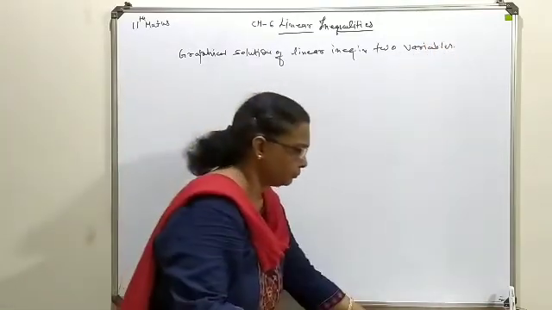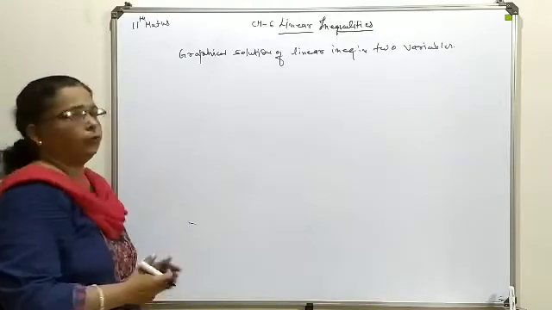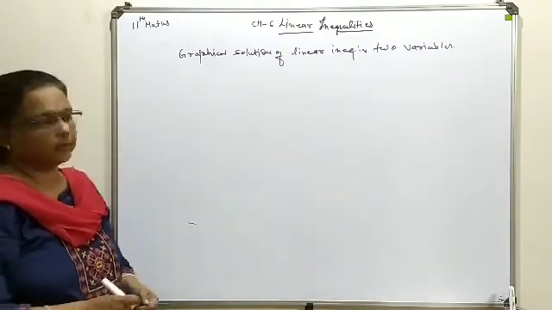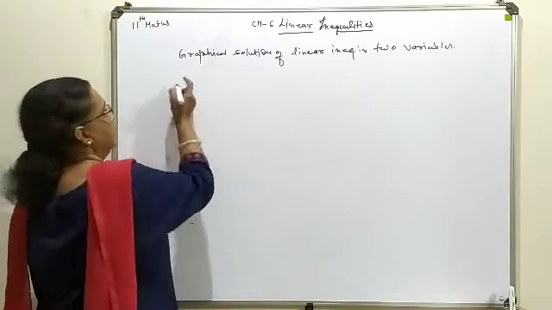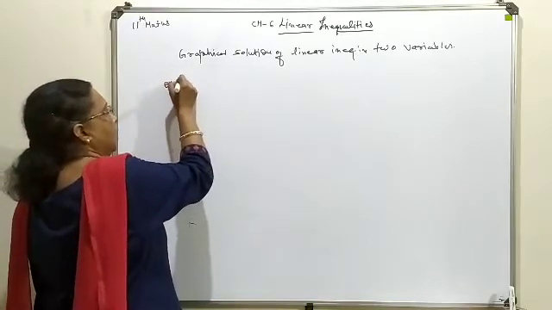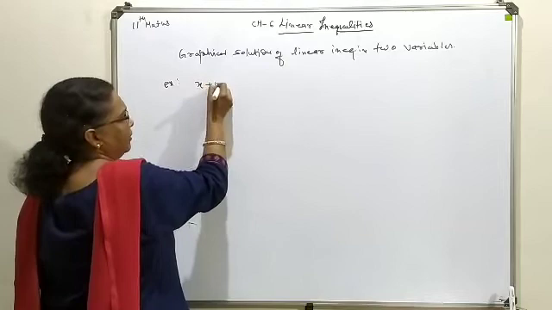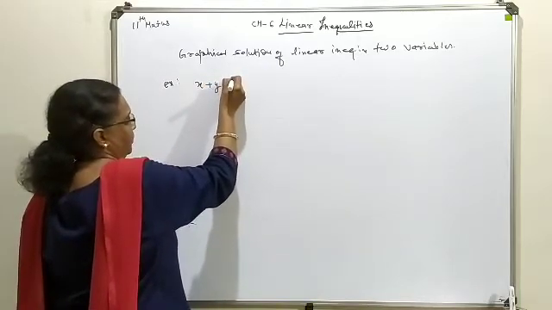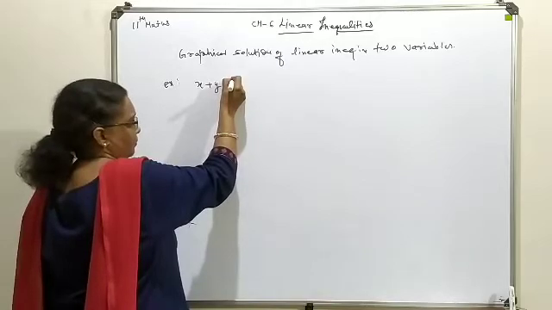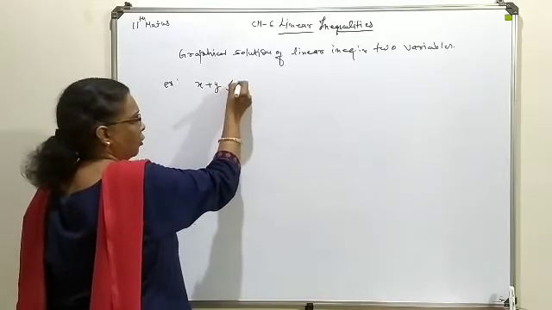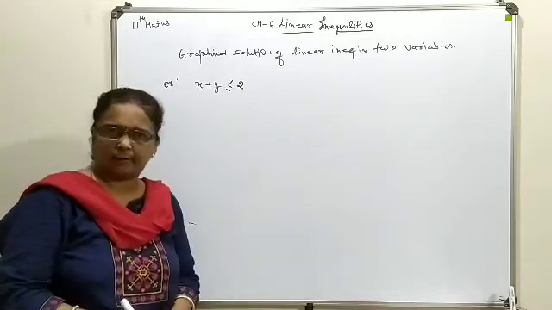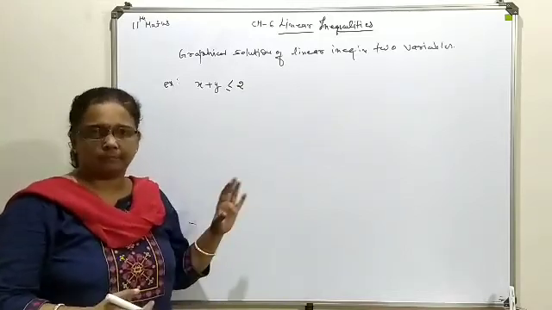Now, how to represent a two variable system graphically, that we try to understand. Just for example, we have one inequality as x plus y less than or equal to 2. This is the inequality we have defined for our better understanding.